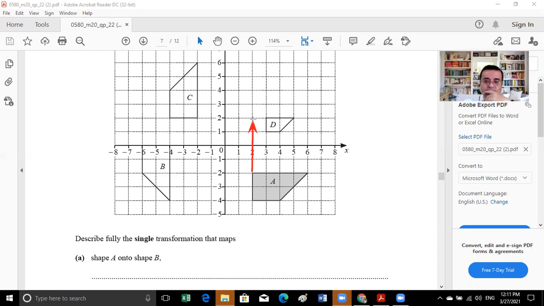Look, goes up what? 2 squares? How many squares goes up? 4, correct? And go left what? 2 squares.